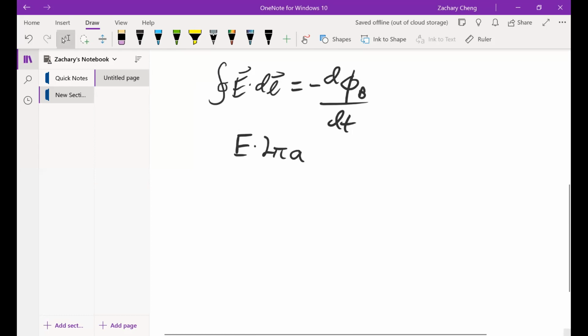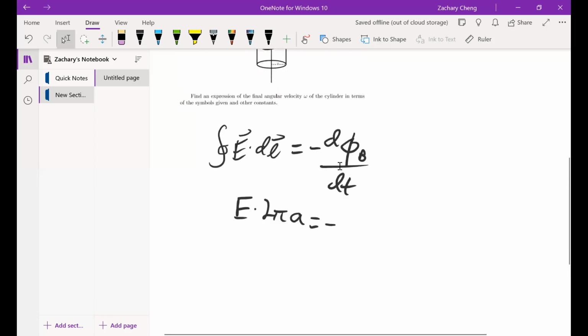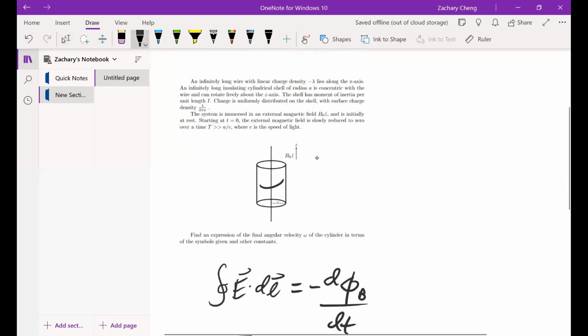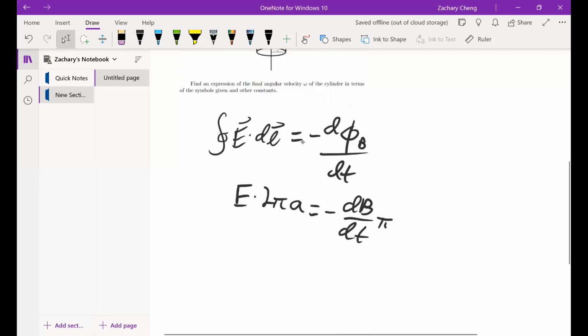And this is equal to negative d of the magnetic flux over dt, and the magnetic flux is equal to the magnetic field multiplied by the area that it goes through for the shell, which is pi a squared.